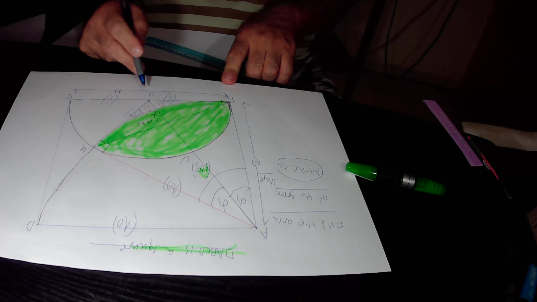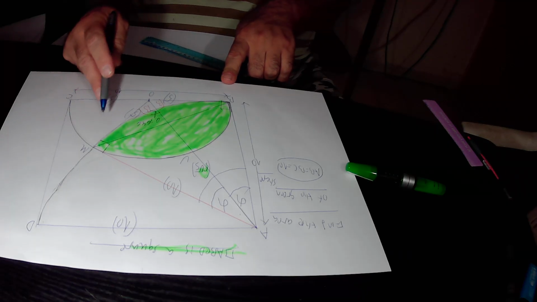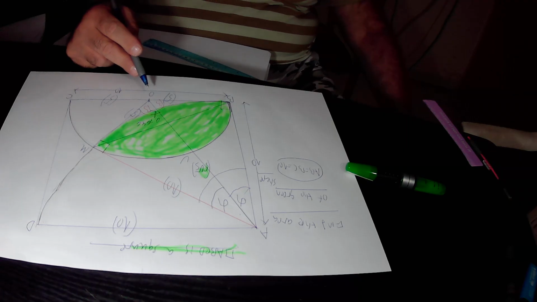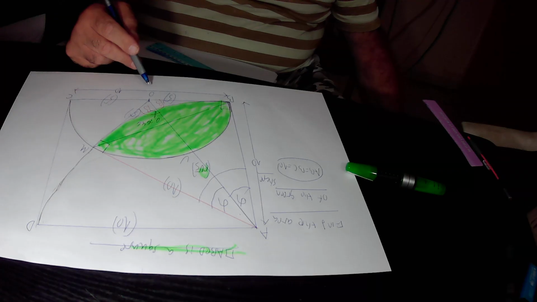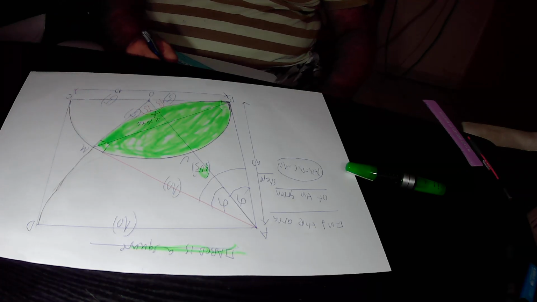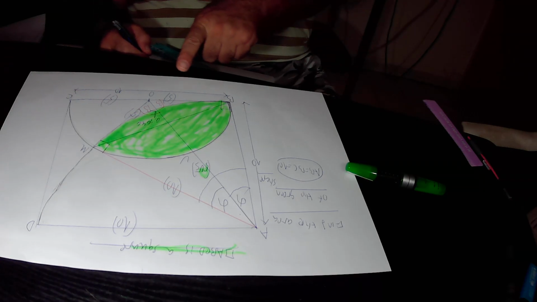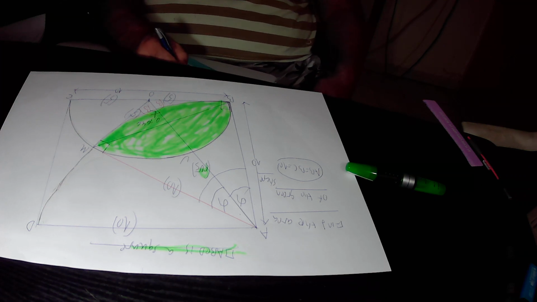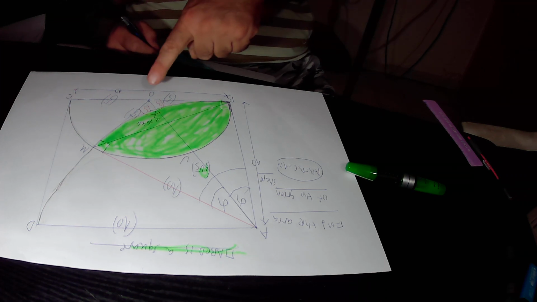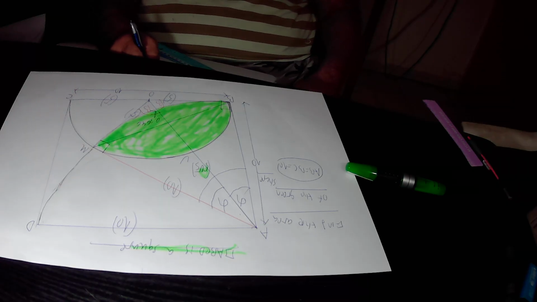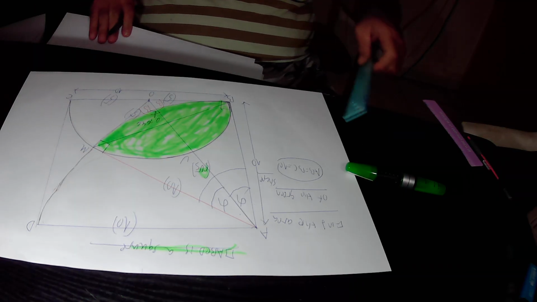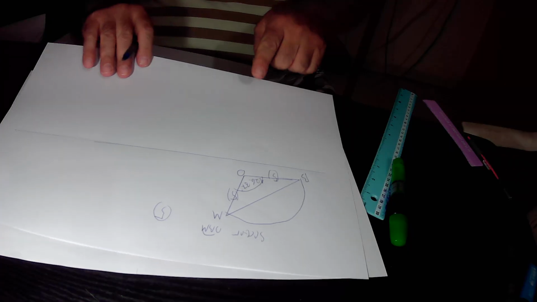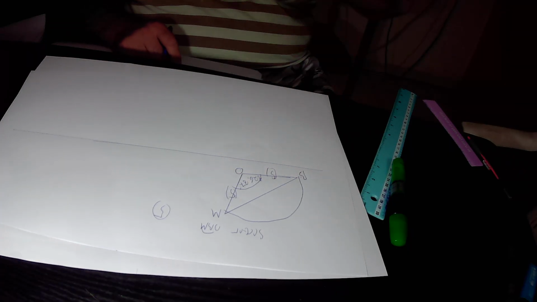The angle between the legs BO and OM is equal to 2 beta, that is 126.87 degrees. BO or OB is the radius of the semicircle, that is 5. OM is also the radius of the semicircle, equal to 5.